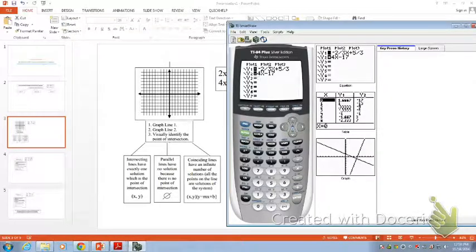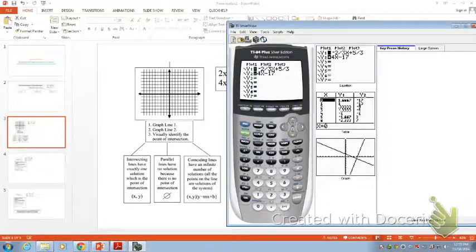If we look at the graph, we see that in fact the two lines intersect each other in our window down here. Now what we want to do is find that point of intersection. That point of intersection will be our solution. So we're looking for that point that is right there.